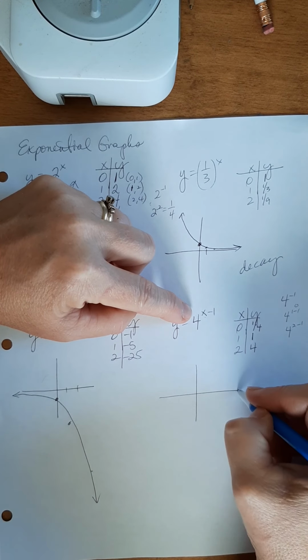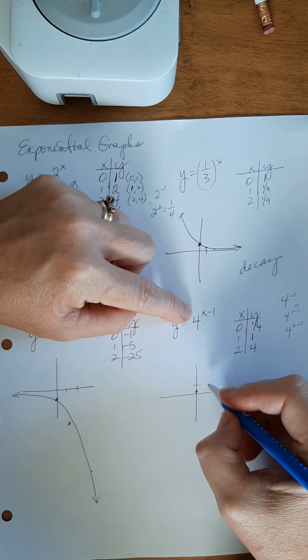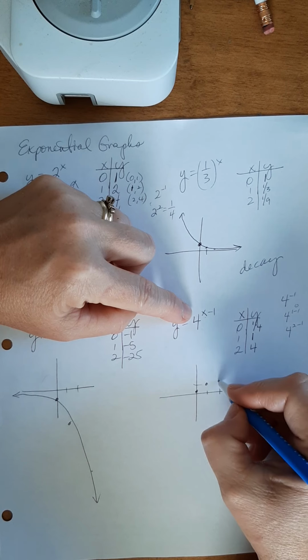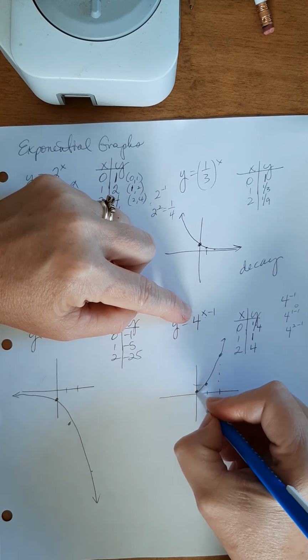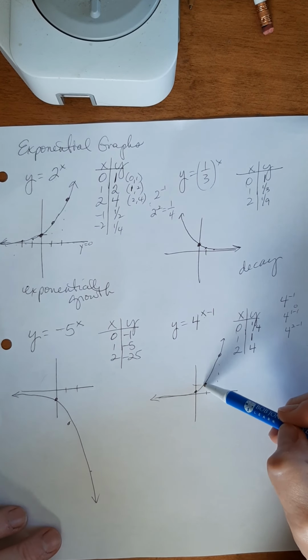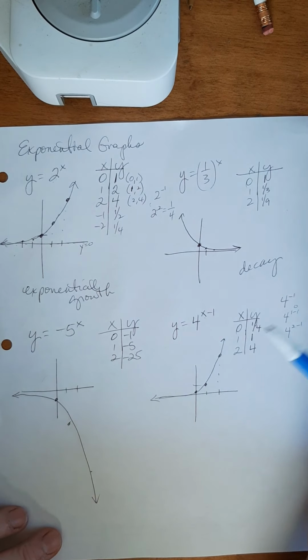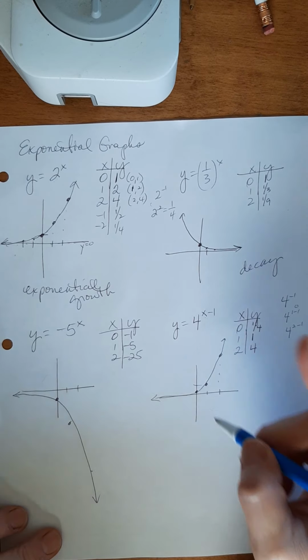When you go to graph it: 0, a fourth, 1, 1, 2, 4. Notice how it still has the asymptote, but the point 0, 1 that was on all of these so far, if it was normal, shifted over to the right.